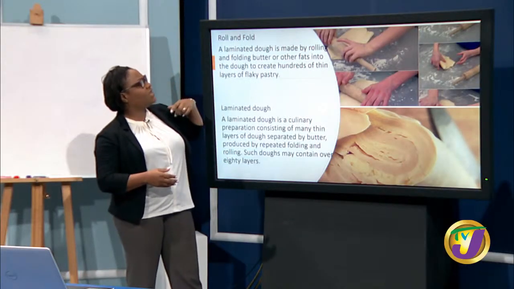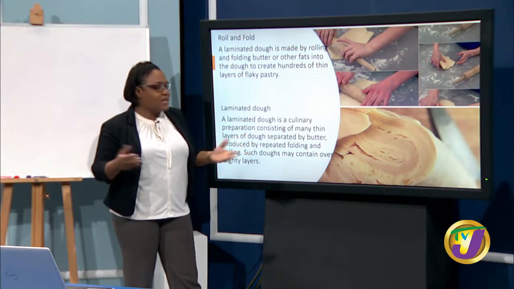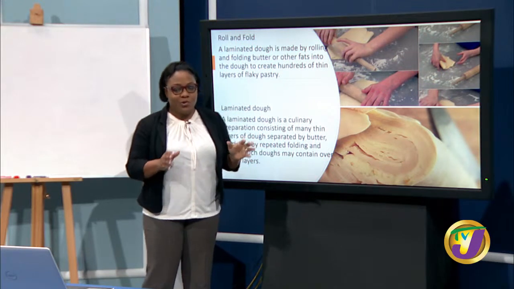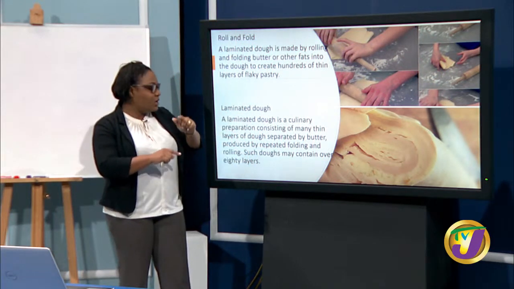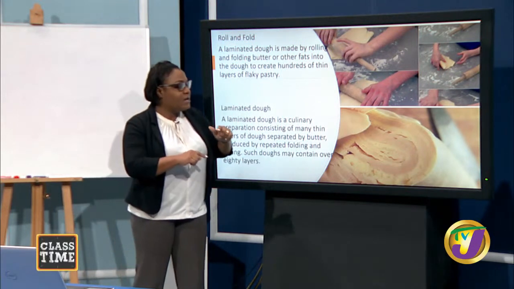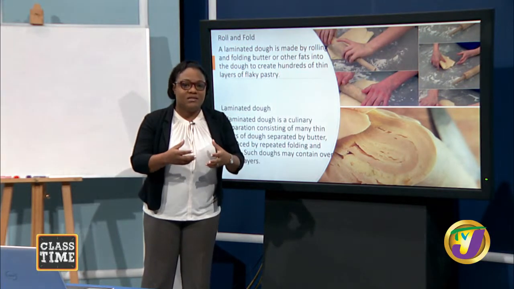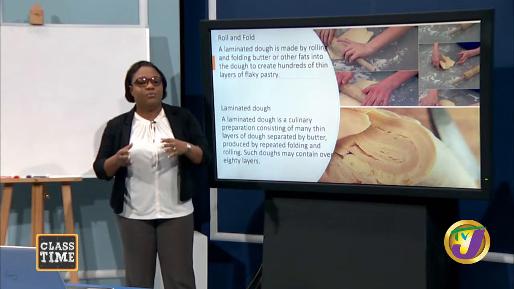Now, I mentioned up top, roll and fold is a laminated dough. What is a laminated dough? It doesn't mean that you're going to put plastic over it and laminate the dough. No. Laminated dough means that there is just separation between the butter and the dough itself. So the butter is added in increments. You add it at different times during the rolling and folding process.